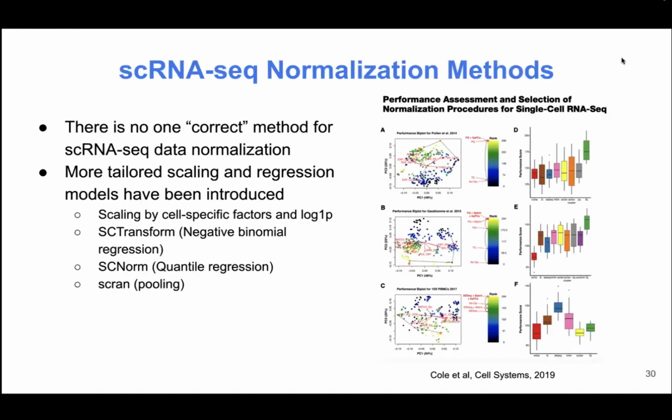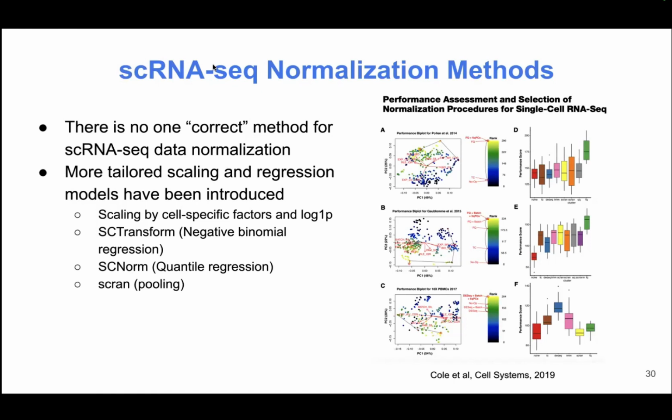This brings us to some of the existing normalization methods. Essentially, there is no one correct method for normalizing RNA-seq data, or single-cell RNA-seq data. This figure on the right here is from a paper trying to quantify the success rate of certain single-cell RNA-seq normalization methods, where the authors devised a number of metrics measuring essentially a score of how well normalization is performed across these different data sets, and then tried out these different normalization libraries on each of these data sets.